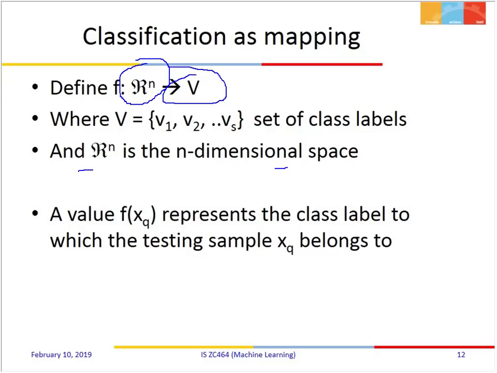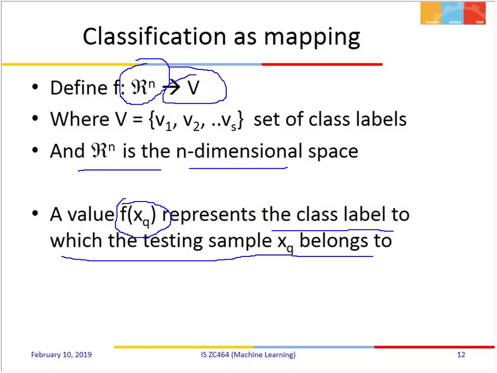So the value f of xq represents the class label to which the testing sample xq belongs. What does it mean? Suppose I am saying that v2 equals f of xq. xq is the point represented in an n-dimensional space, so when you apply the function, it gives you a value.